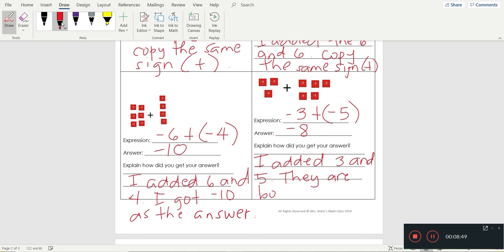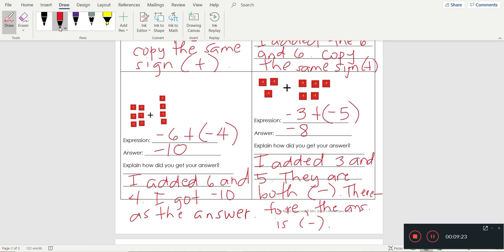Therefore, the answer is negative. So as long as you understood the concept, I don't mind you explaining a different way, not the same as what I have.